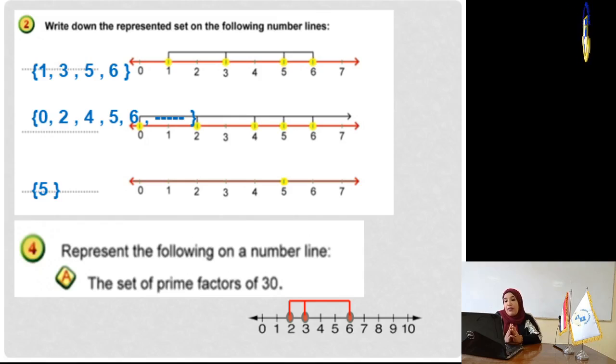Do you have any prime numbers here? Actually 2, 3, and 5 are the prime factors of the number 30. So you'll represent each number by a point or dot on the number line, 2, 3, and 5 only. Other factors are not prime. So represent the prime factors 2, 3, and 5 on the number line to get the answer.